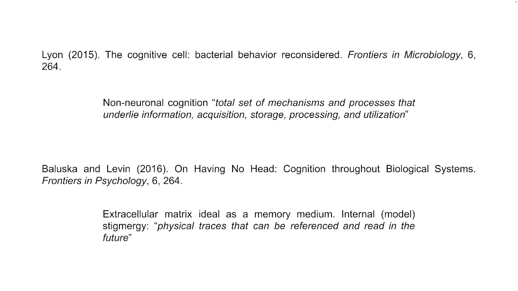Beluska and Levin talk about the extracellular matrix being ideal as a memory medium. So they talk about the extracellular matrix being important as memory, and there being an internal model in the cell that interacts with the intercellular matrix that produces stigmergy, which are the physical traces that can be referenced and read in the future.